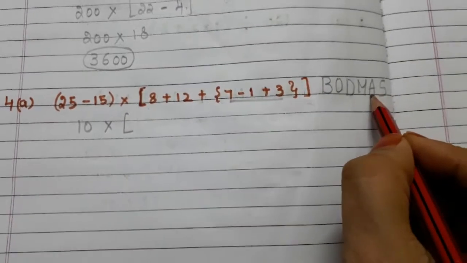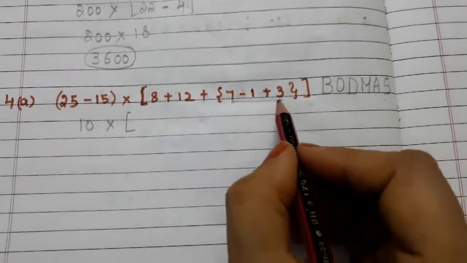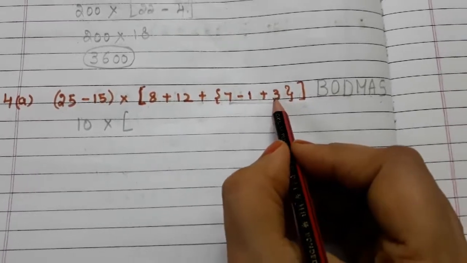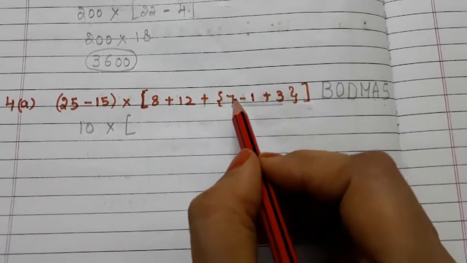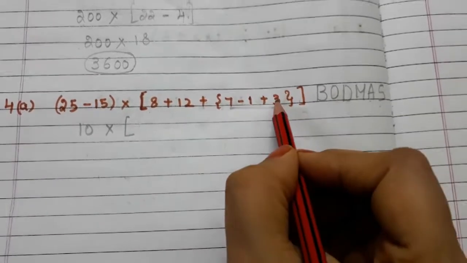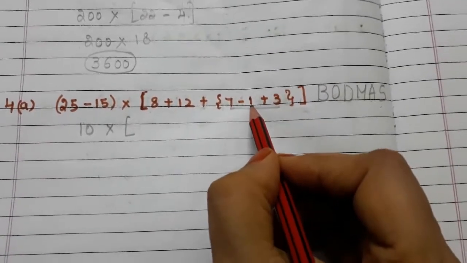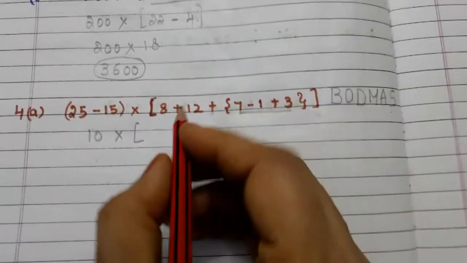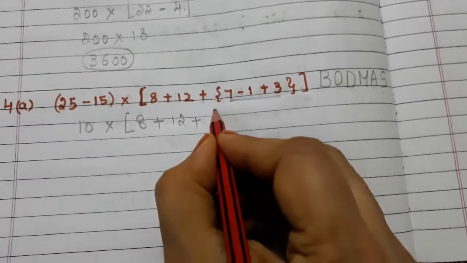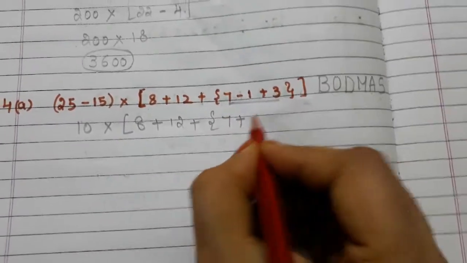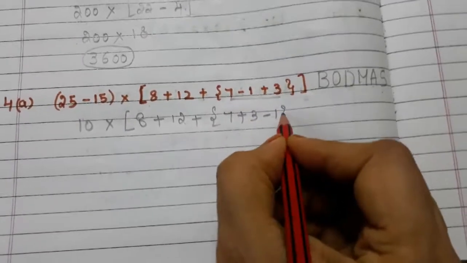In BODMAS addition comes first, right? But children, here we have to remember that 3 is the positive number, 1 is the negative number. So we have to add 7 and 3. From that we have to subtract 1. Okay, let us do. 8 plus 12 plus 7 plus 3 minus 1.